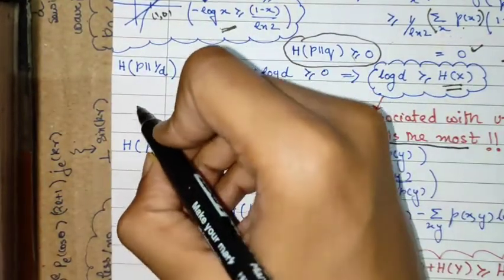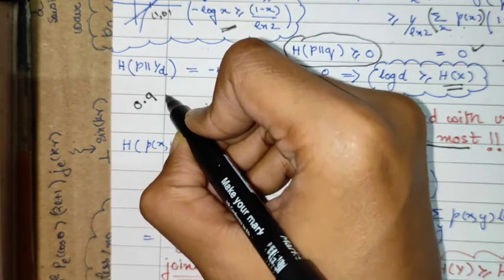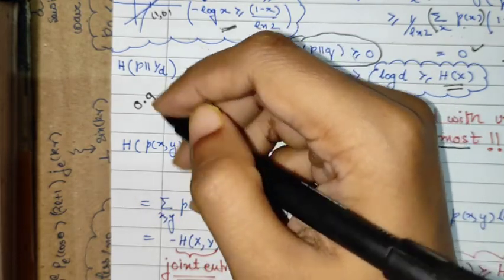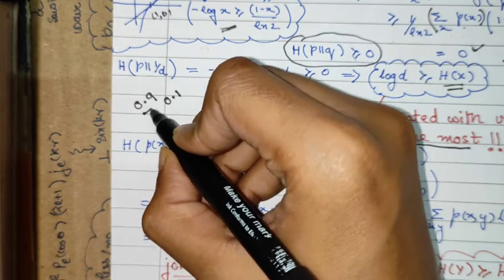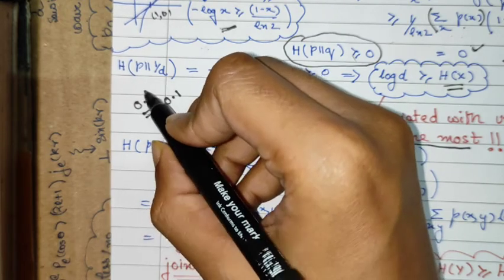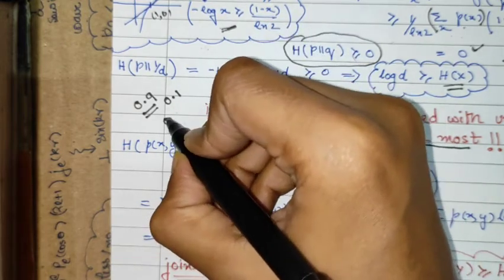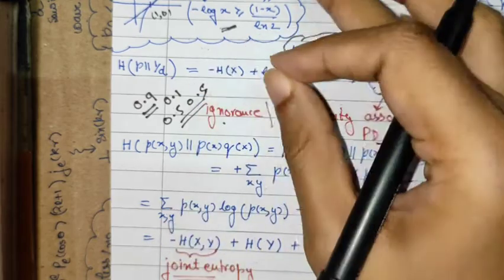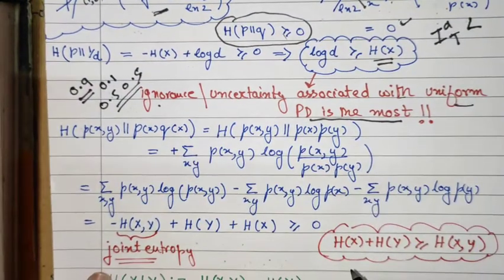If I say the probability of heads is 0.9 and the probability of tails is 0.1, it automatically gives me the information that a toss will probably give me a head. But if it is 0.5, then the system is completely unpredictable. So this is the ignorance part.